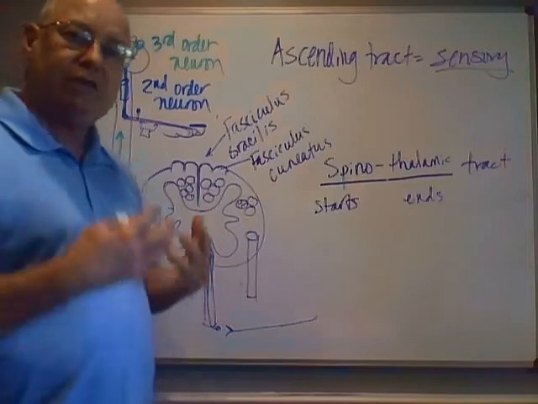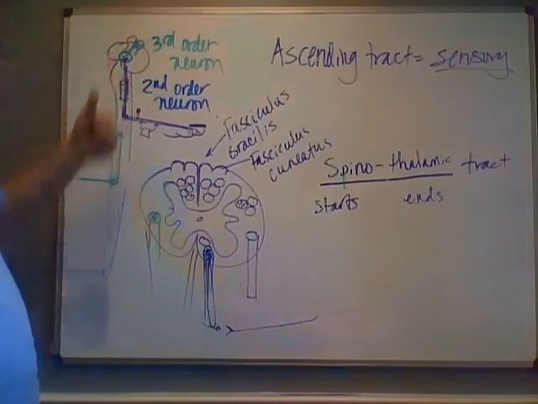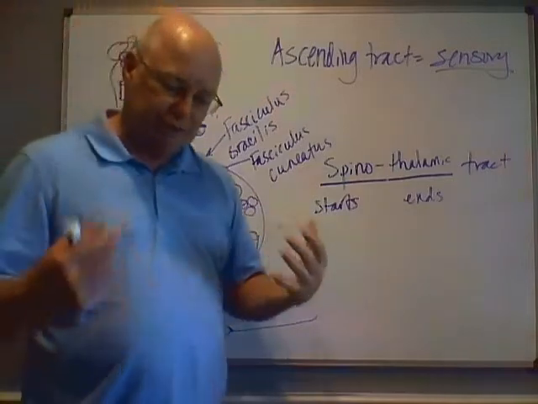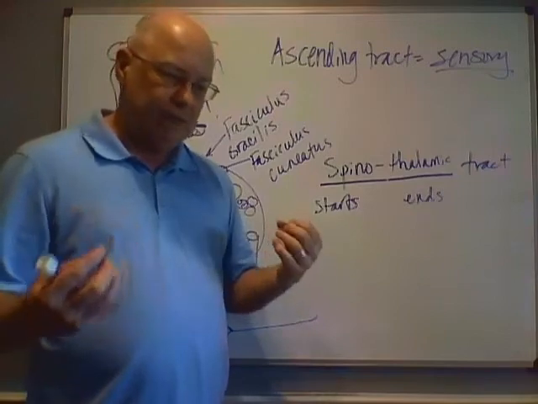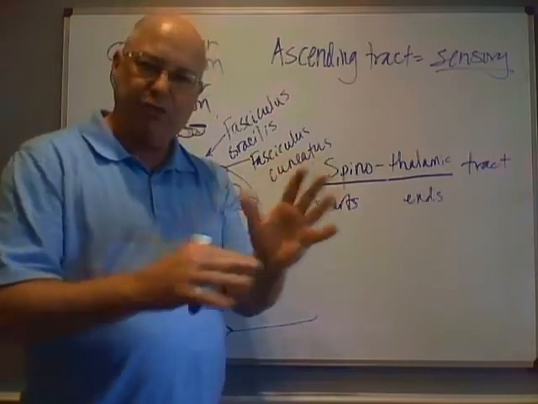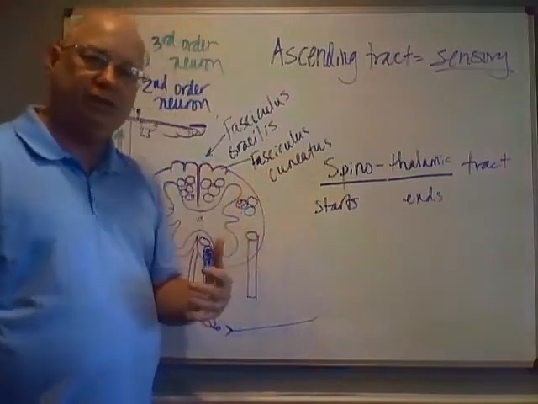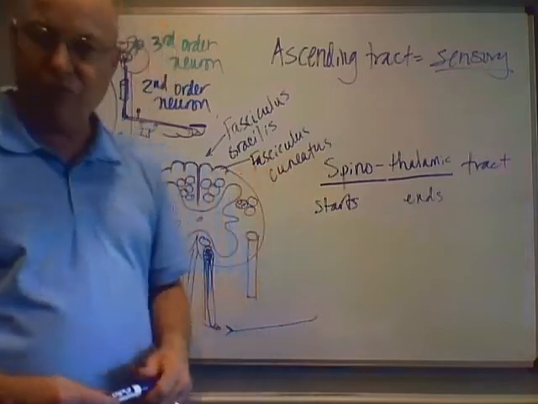So the name of the tract gives you a tremendous amount of information. And since it goes from the spinal cord to the thalamus, it must be sensory. Now, it turns out that these 2 tracts carry a lot of sensory information about pain and temperature and very crude touch, a very crude sense of touch. So you should also know that about the spinothalamic tracts. They do pain, temperature, and some very crude touch.